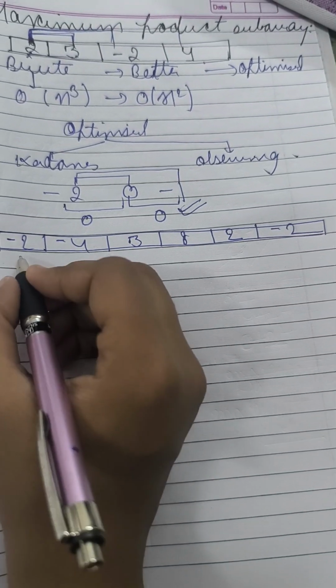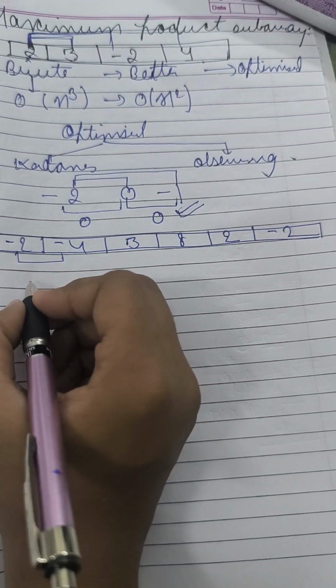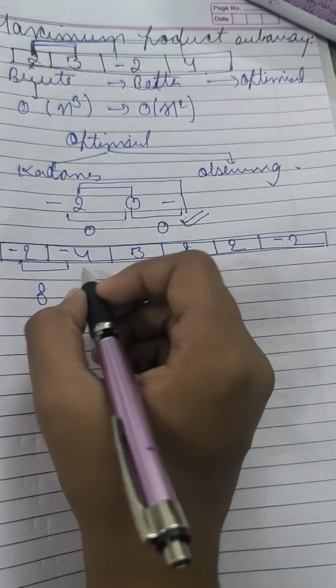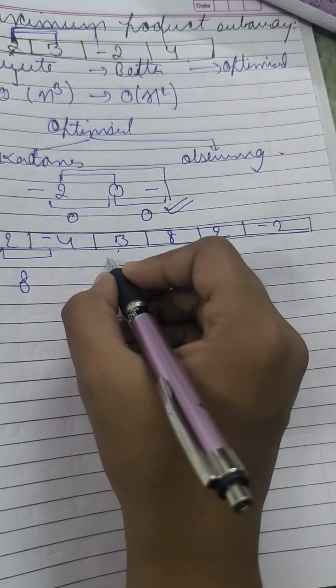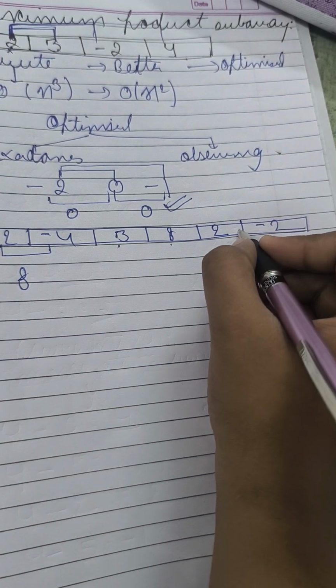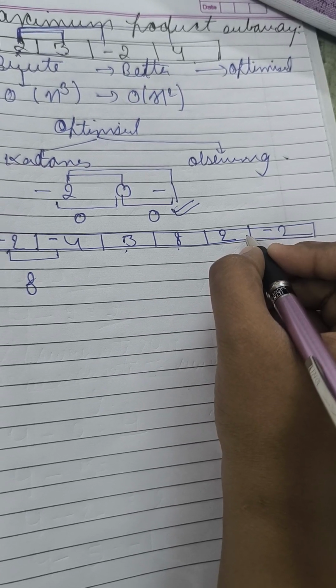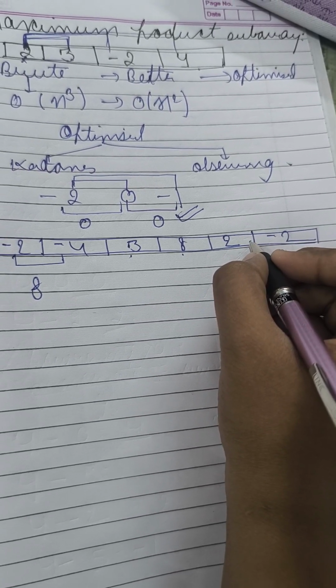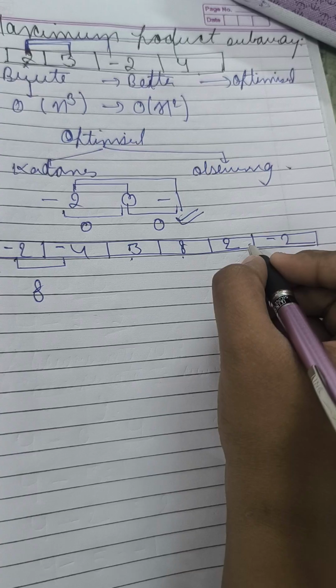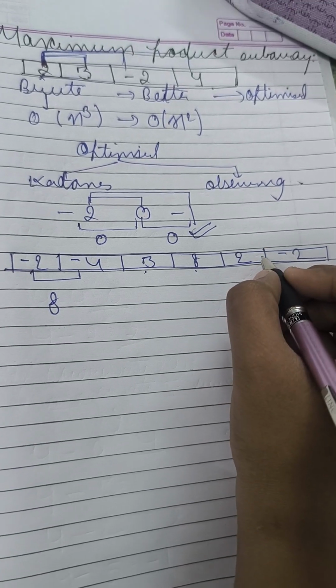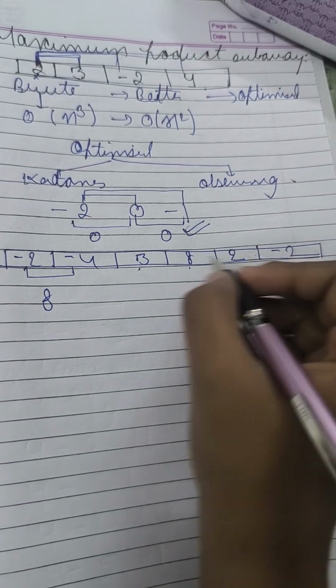This is the product. -2 into -4 is going to give you 8. 8 into 3 is 24. 24 into 8, what is going to be 24 into 8? Sorry, 24 into 8.